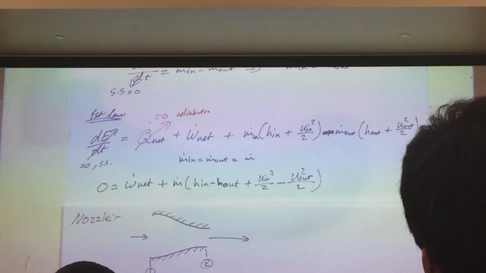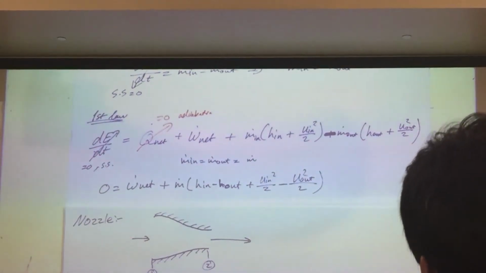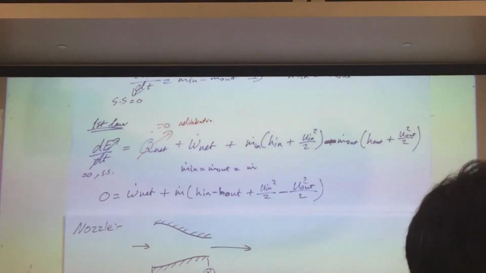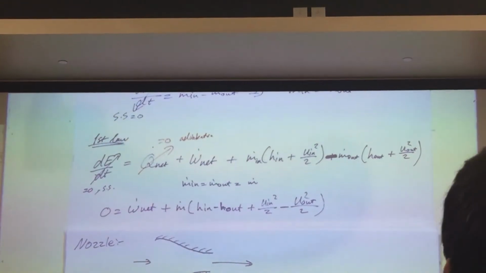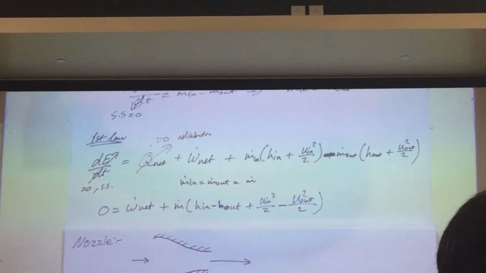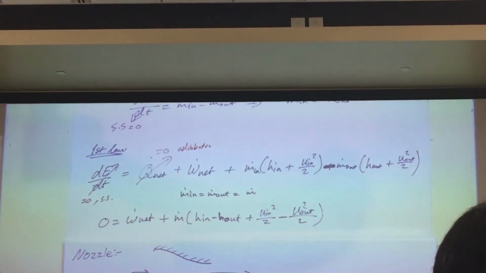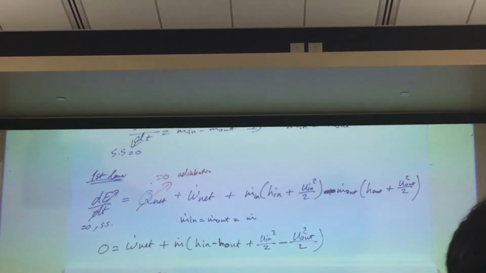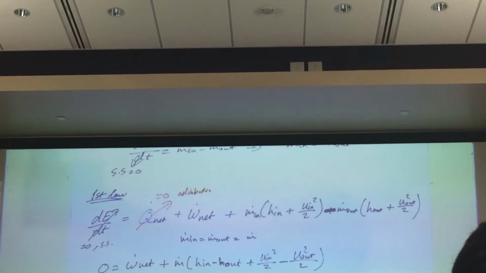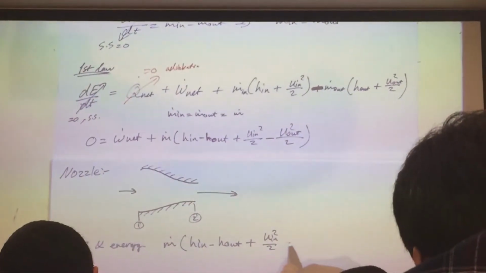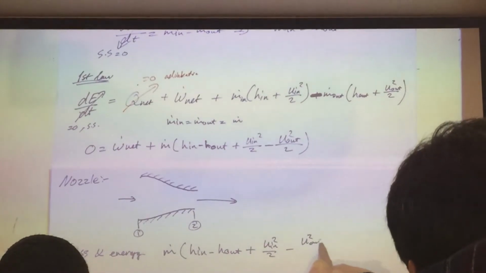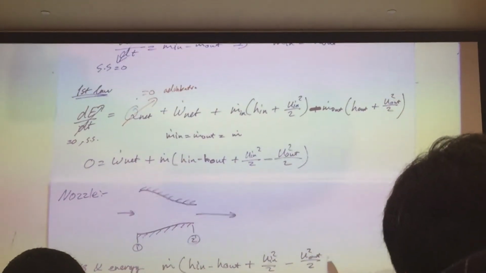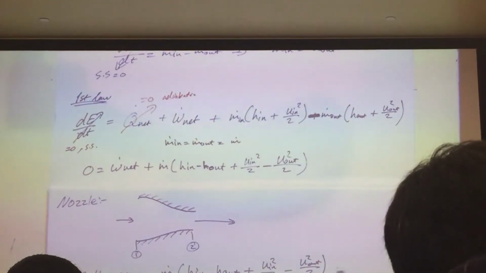One second. So if I write this equation and say, well, if I take mass and energy, I just have to worry about my rate of change of enthalpy. So m dot times h in minus h out plus u in squared minus u out squared is equal to 0.